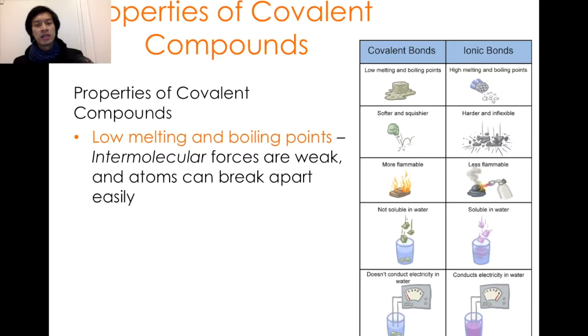What this results in is that it's easier to break those atoms apart than it would be for an ionic bond, for example. And therefore we say that the intermolecular, inter meaning between the molecules, the forces between the molecules are weak and can be broken apart easily. Okay.